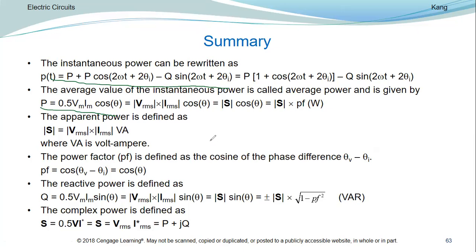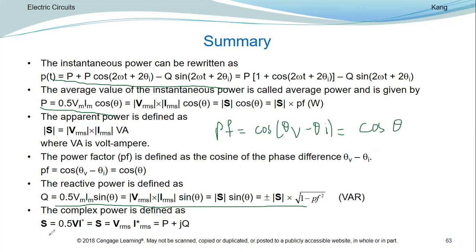The power factor will be cos(θV minus θI), in general cos θ. So Q will be this. Now S equals 0.5 VI, and for the RMS values it will be V RMS times I RMS. Just give me 1 minute.